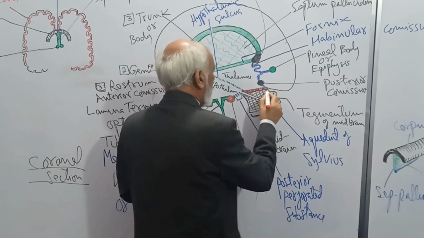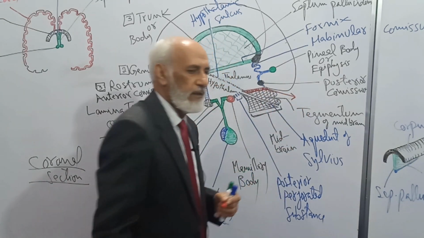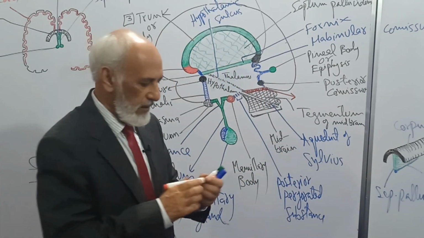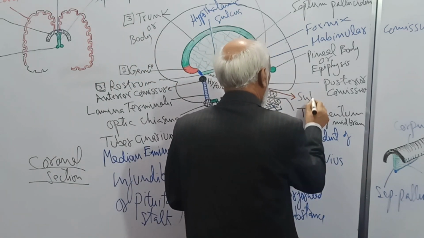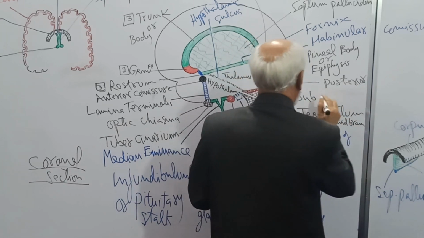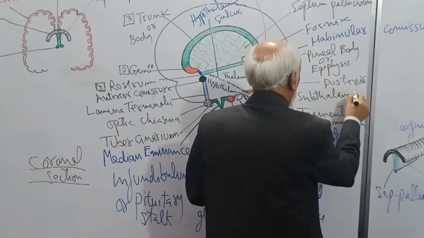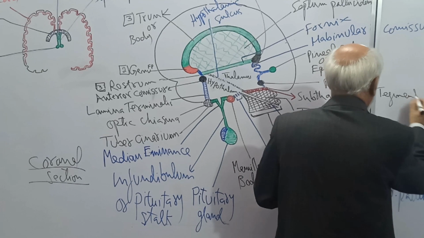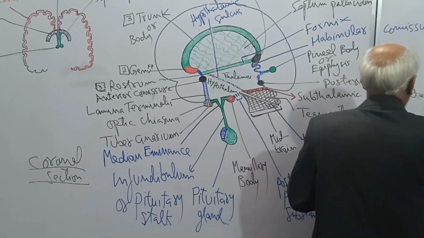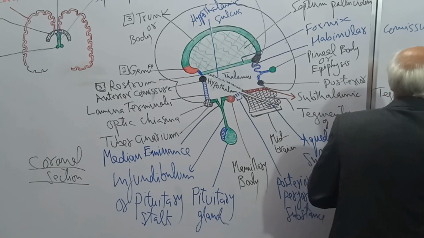This upper part of the tegmentum of the midbrain is known as the subthalamic tegmental region of the midbrain.